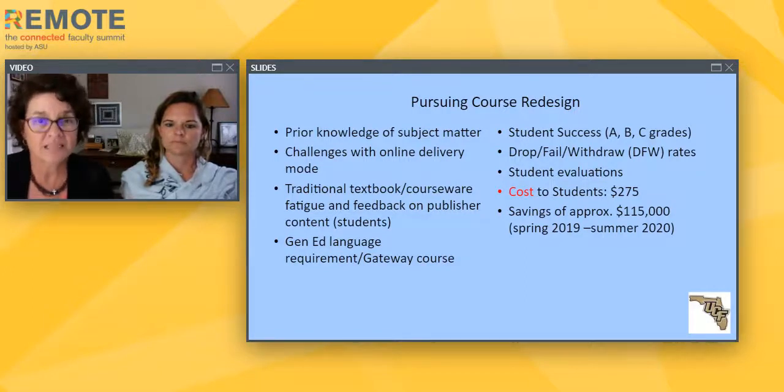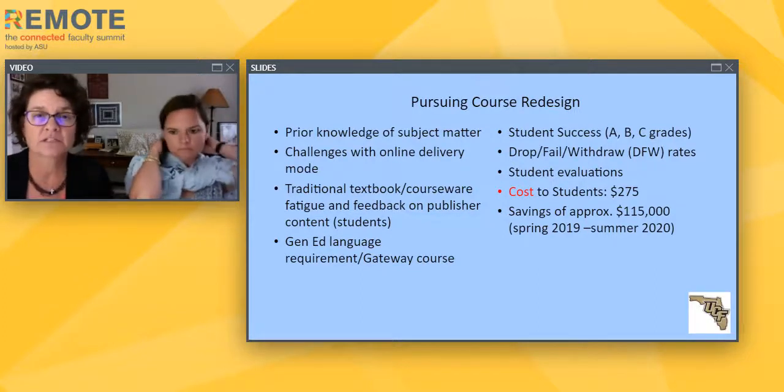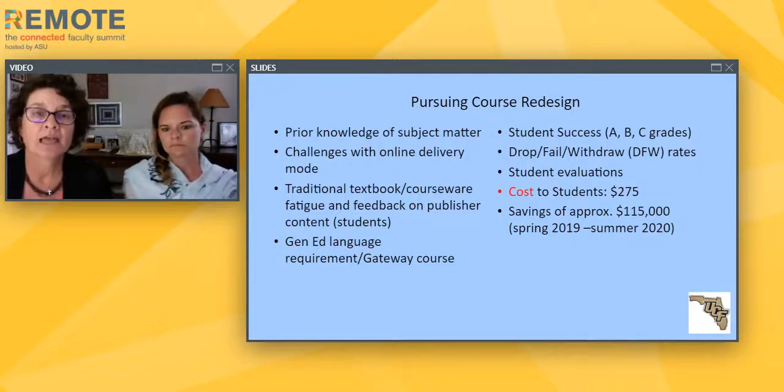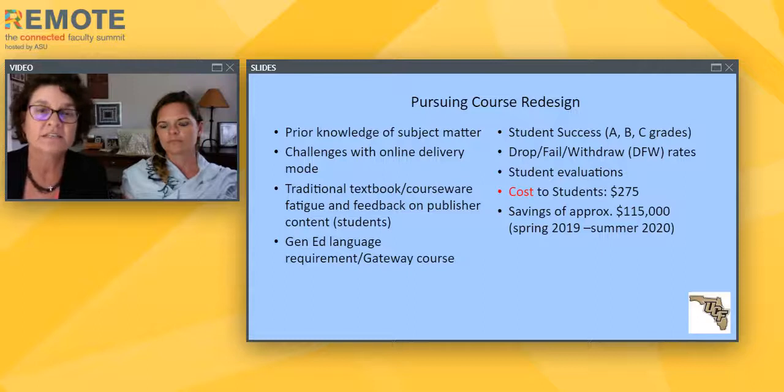With the traditional textbook and publisher courseware that we had been using before the redesign, our students were paying $275, and they were using this for 1 or 2 semesters, depending on whether or not they had to take both courses in the sequence. But even if they only had to take the second course in the sequence, they still were required to spend the $275.